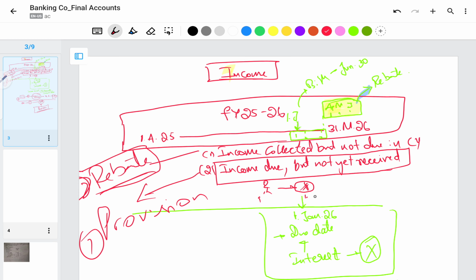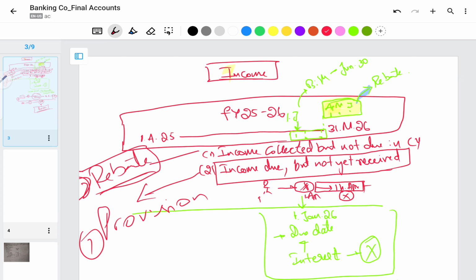Let's take an example: 1st April was the due date and the customer failed to pay. Today is the 14th April, and till now he has not given the money. Then how to consider the income even after the due date if the customer is not paying?